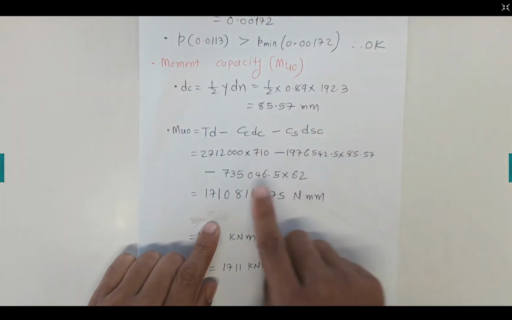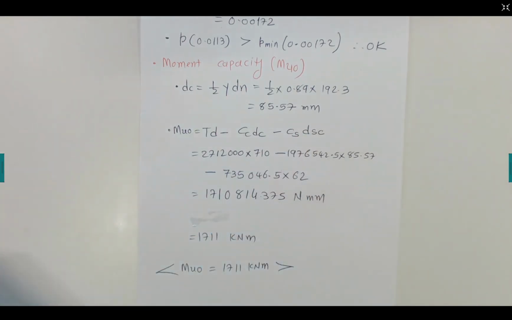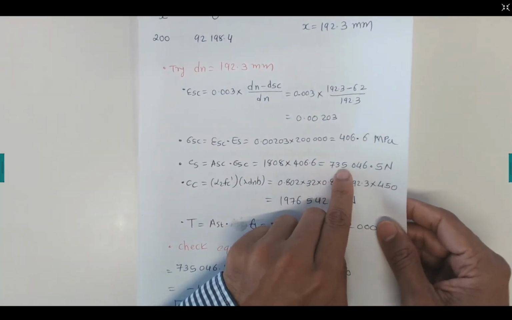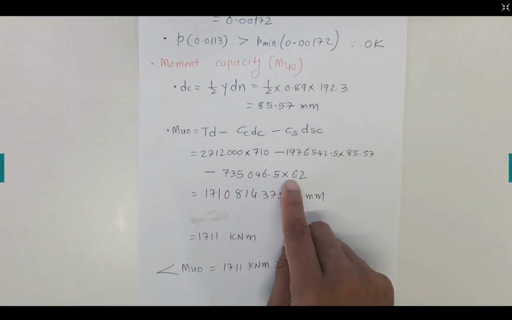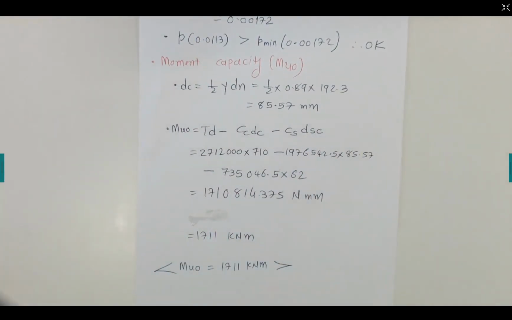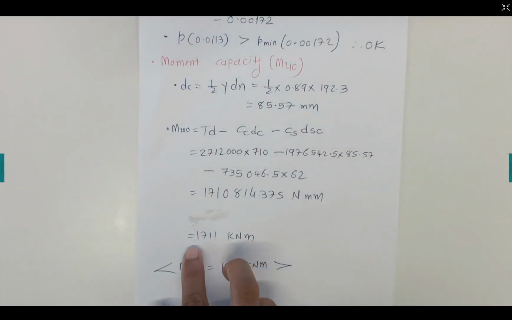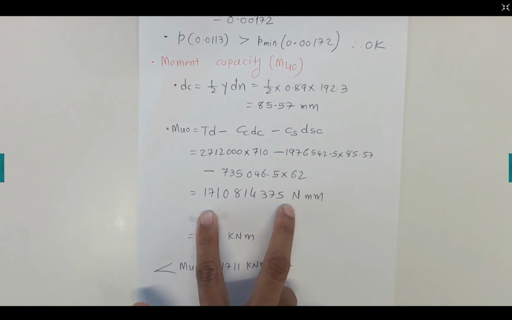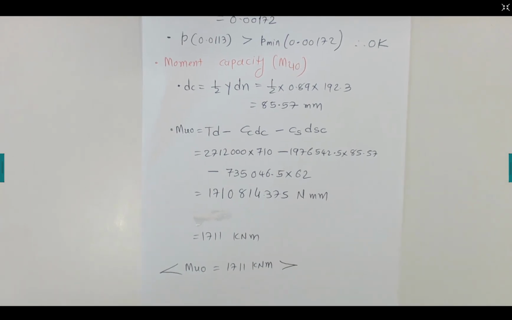We substitute here the compression force in the top reinforcement, for Cs, and we get 735046.5 times the dsc of 62 millimeters. That gives us Newton millimeters, and dividing by 1000 and thousands gives us 1711 kilonewton meters. That's the moment capacity of the doubly reinforced section.